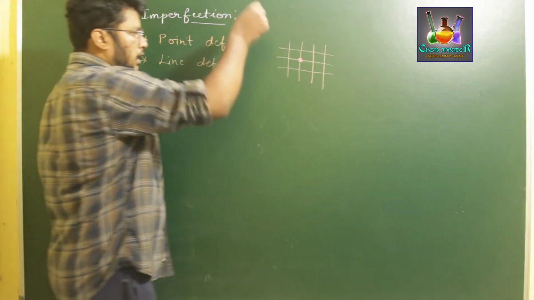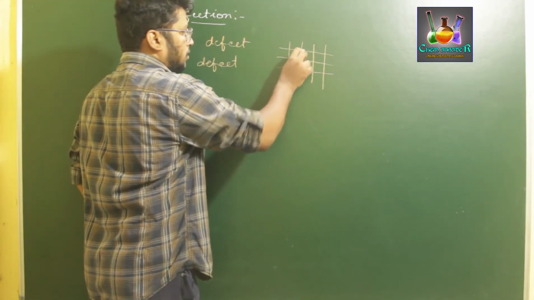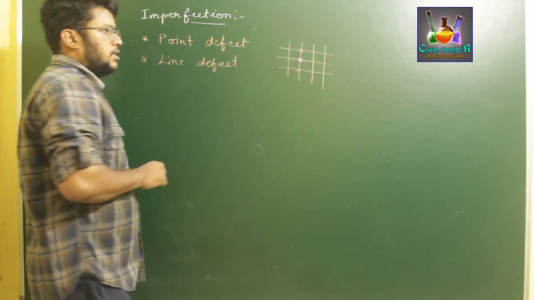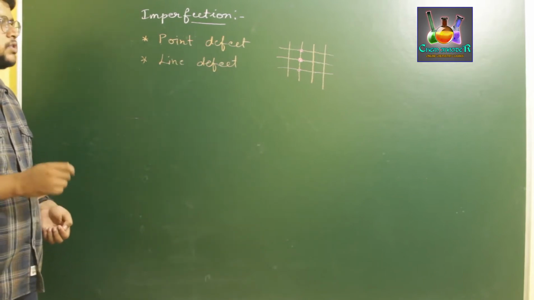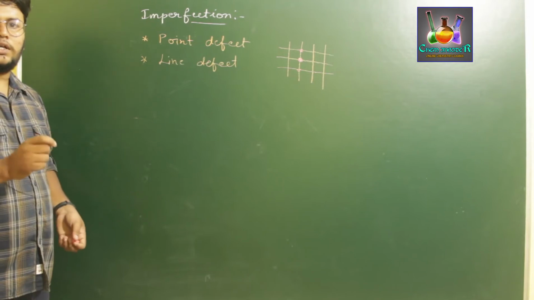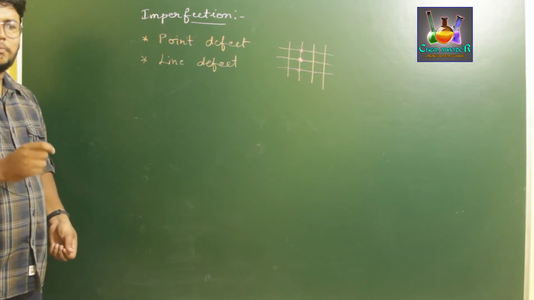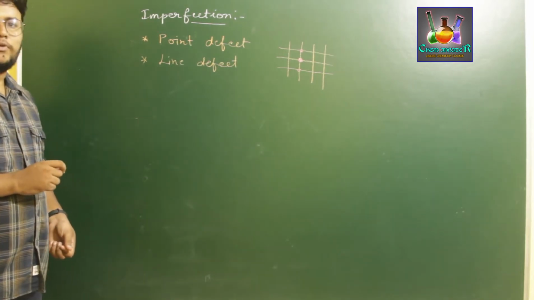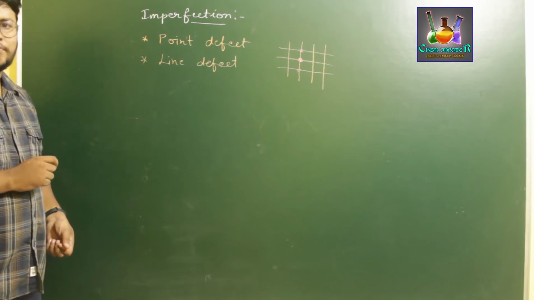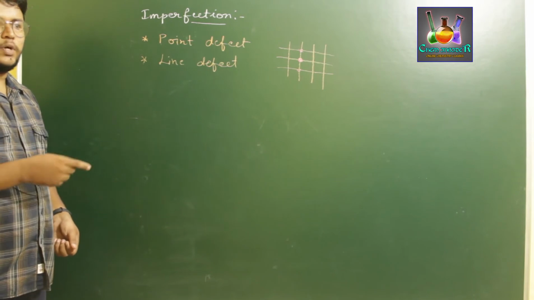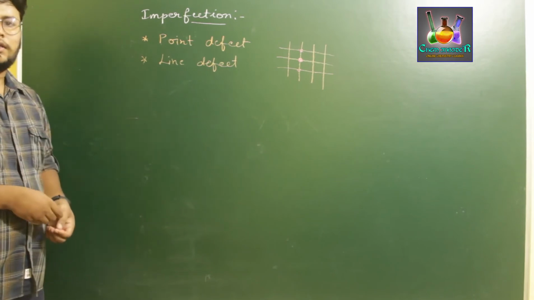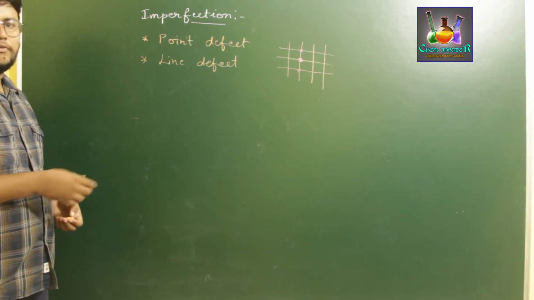If the complete line, this complete column, has defects present in it, then that type of defect is called line defect. If a crystal lattice has a series of defects continuous to one another in the form of a line, then that type of defect is called line defect.